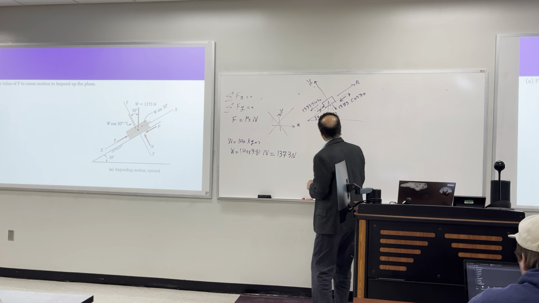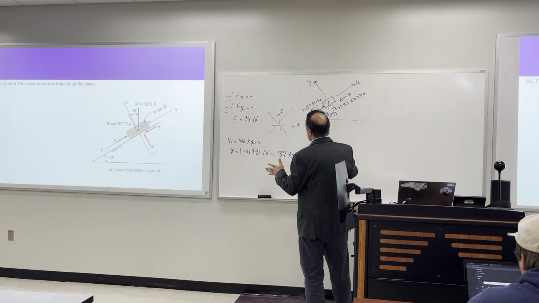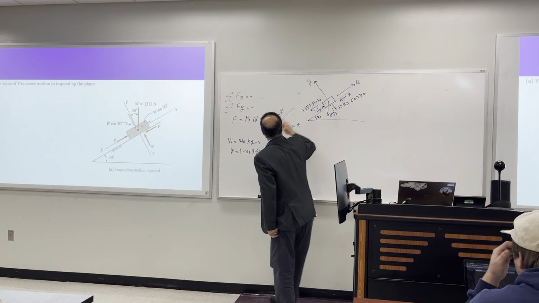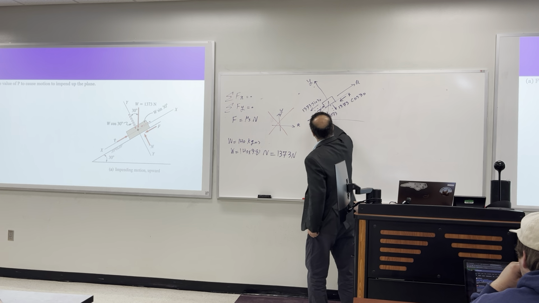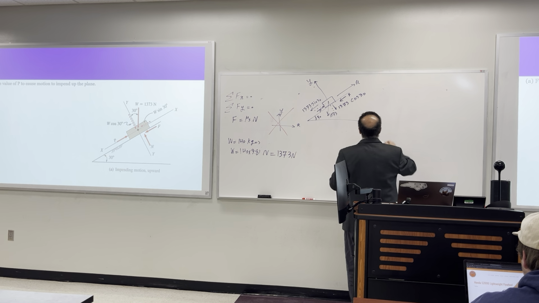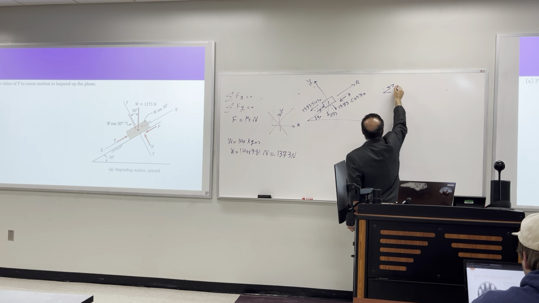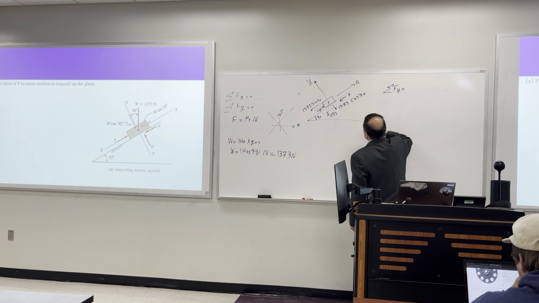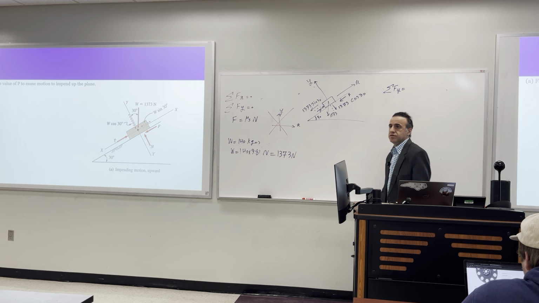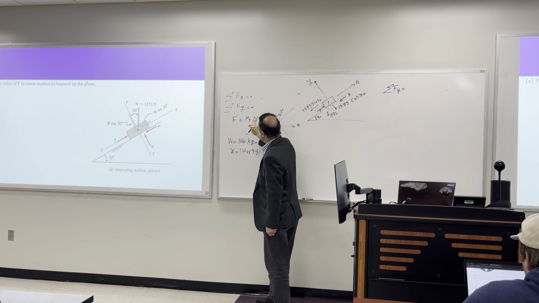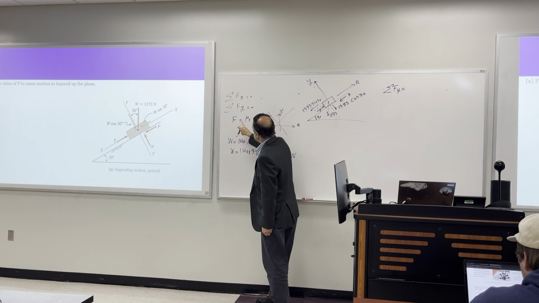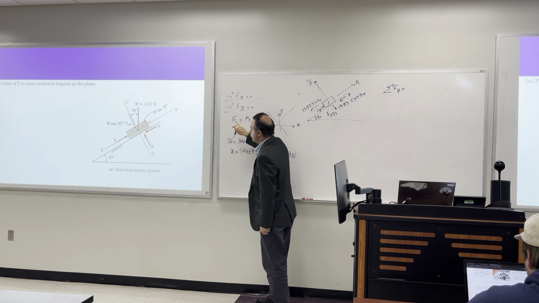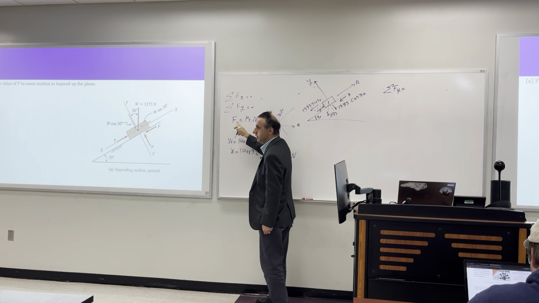Okay. Now we can use this equation. We have all the numbers. We want to find P. Let's use Fy, because we can find N. Fy gives us N. And then we can use this equation to find friction force, right?